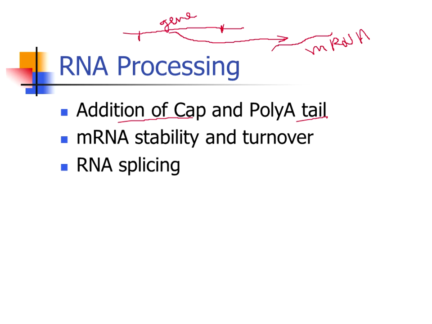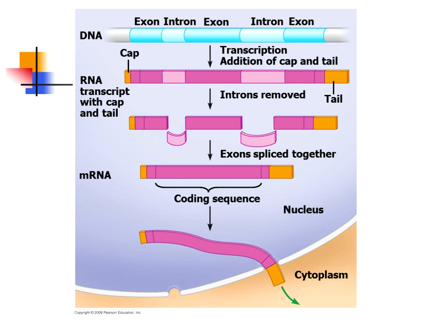And then the mature messenger RNA, when it comes out, it depends on how stable it is. How long does it stay in the cytoplasm? That can also control the expression of the gene. And finally, how the RNA is spliced, because there are various ways in which it could be spliced. So we'll talk about each of these next. So RNA processing can control gene expression to some degree.